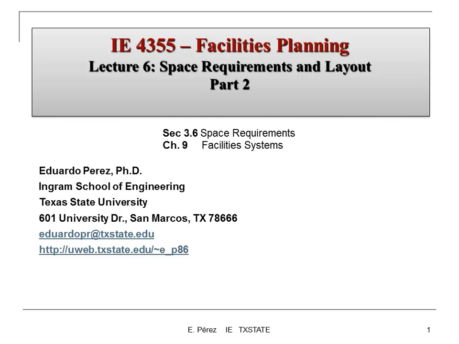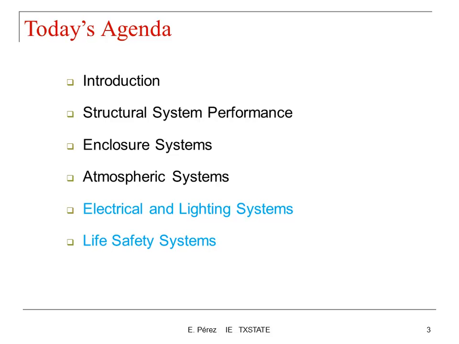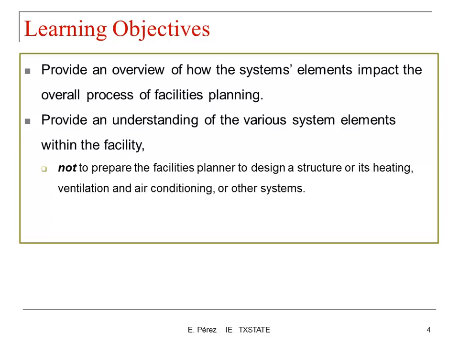Okay, so we're continuing our lecture from part one. Now we're going to look at electrical and lighting systems and life safety systems. Just to remind you, as facility planners we need to understand the various elements or systems within the facility, because we need to plan for them when we are designing our layout.